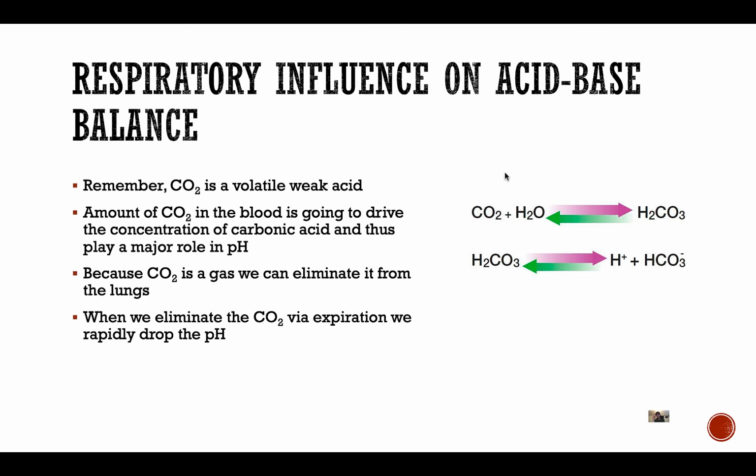So if we have high levels of CO2 inside the blood, we're going to drive the reaction to the right, and we're going to create high levels of carbonic acid, right? H2CO3. If we have high levels of H2CO3, we're going to produce high levels of bicarbonate.